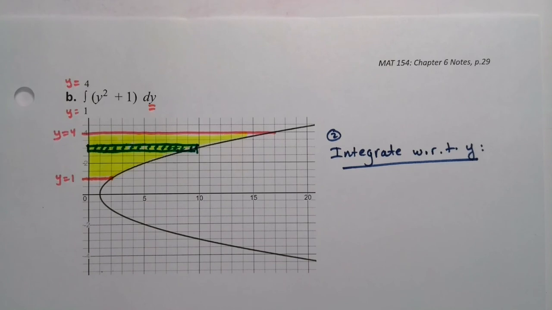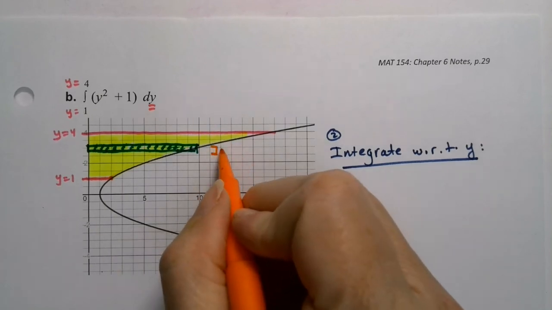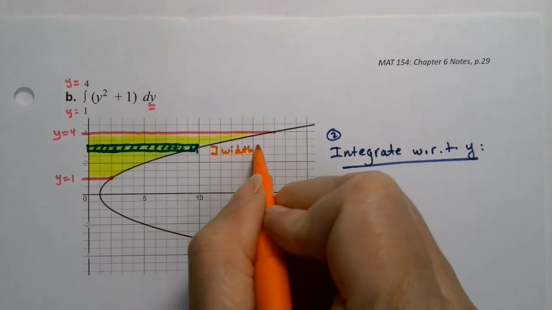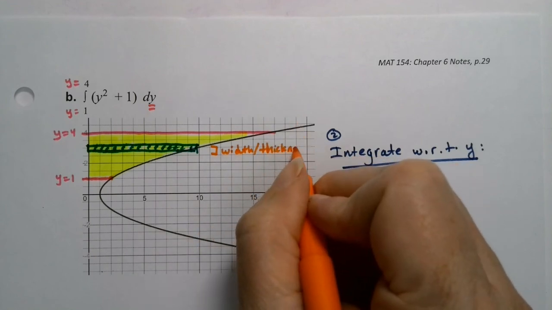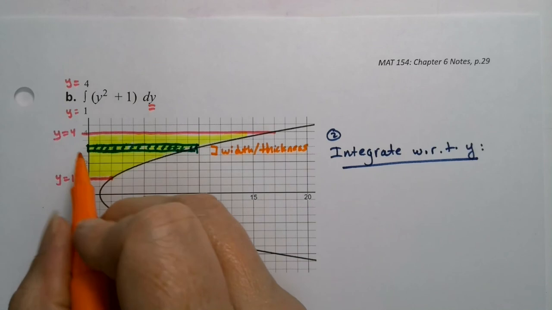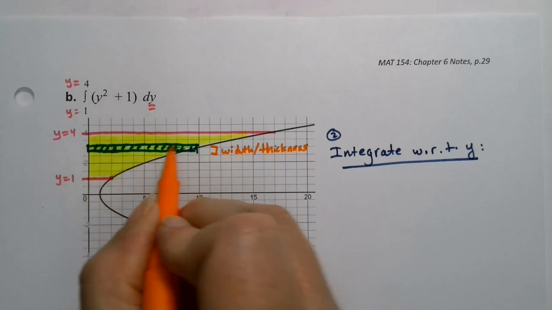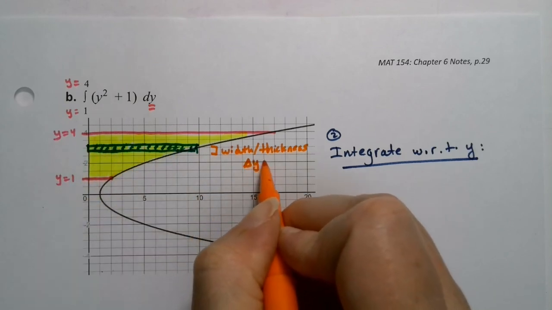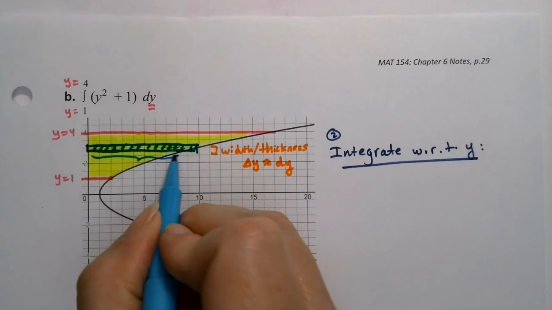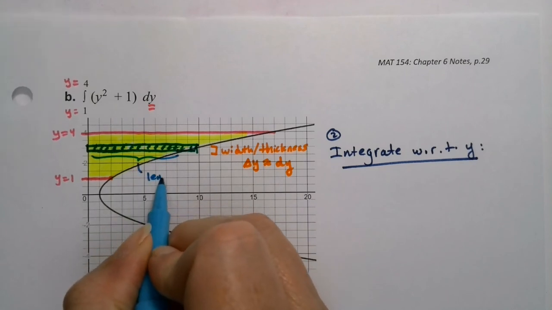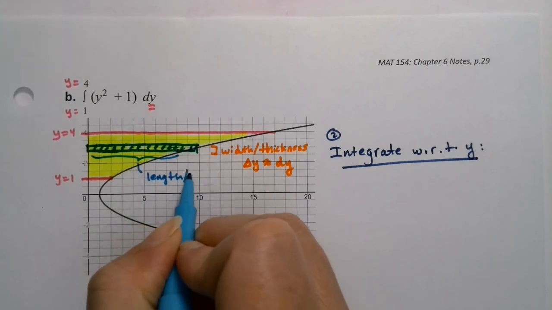All right, now that rectangle has a width or thickness that's delta y, right? Because these are two little y values. y equals something here and y equals something here. So it's change in y, aka delta y. And then the length of it is also the height, either way.